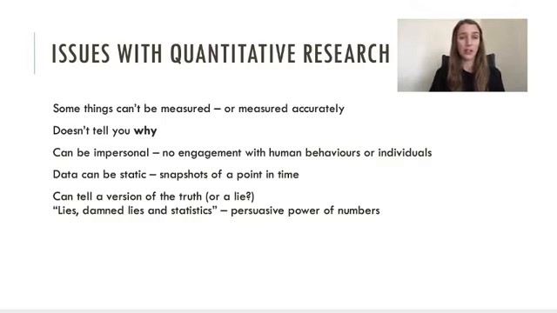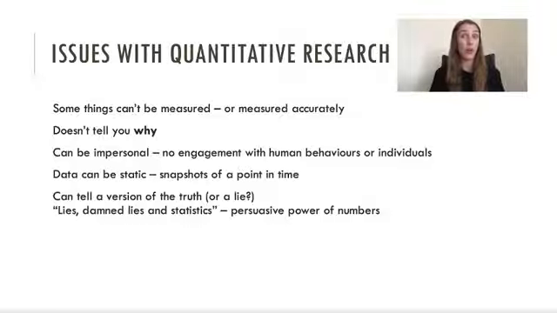And here's the big one, all right, with quantitative research. It doesn't tell you why. You can get a correlation between two variables, but it's not going to tell you anything about why that relationship exists. That's where the researcher comes in and can try and interpret it, can try and look to other research to figure out why a phenomena is occurring. But quantitative research, quantitative data itself doesn't tell you why.